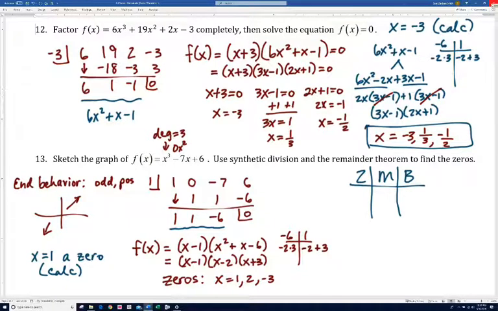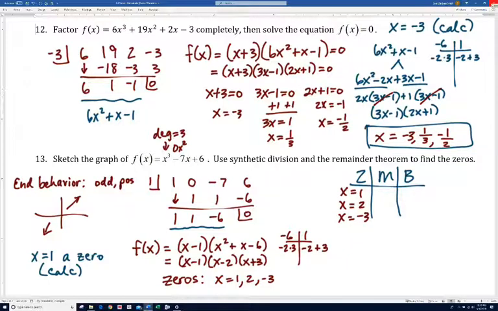So next we'll do a ZMB chart. Remember, Z is for 0, M is for the multiplicity of the 0, and B is for the behavior of the graph at the corresponding intercept where we have a 0. So our zeros are 1, 2, and -3.